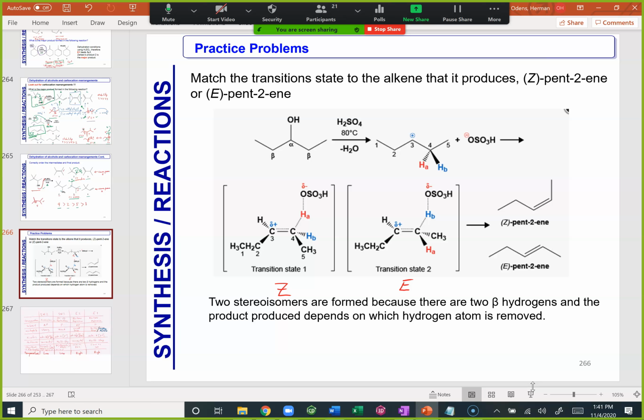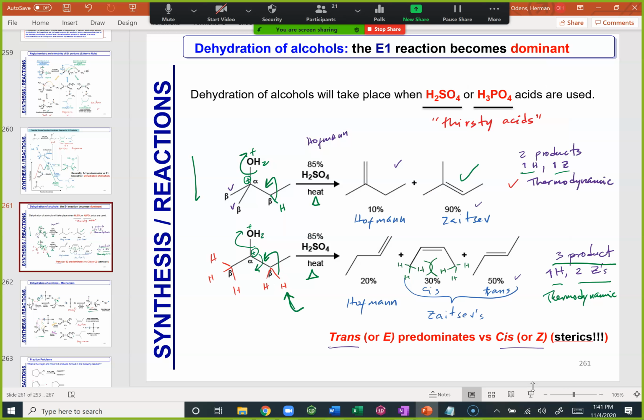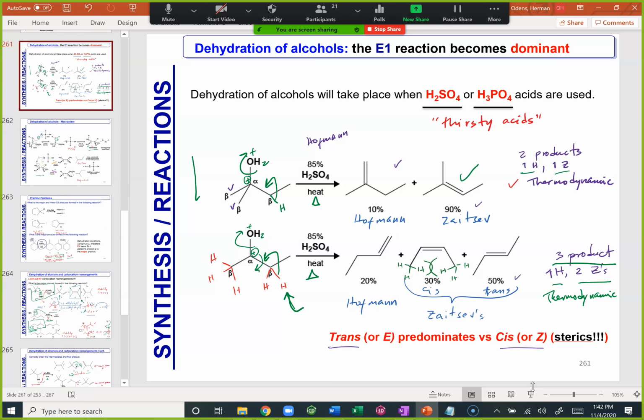So basically, in recapping, whenever you have elimination, think of a Hofmann and think of two possible Zaitsevs because you can have cis or trans. All right, so the total amount of product is usually 3 if there's no rearrangement. If there's rearrangement, there's more.